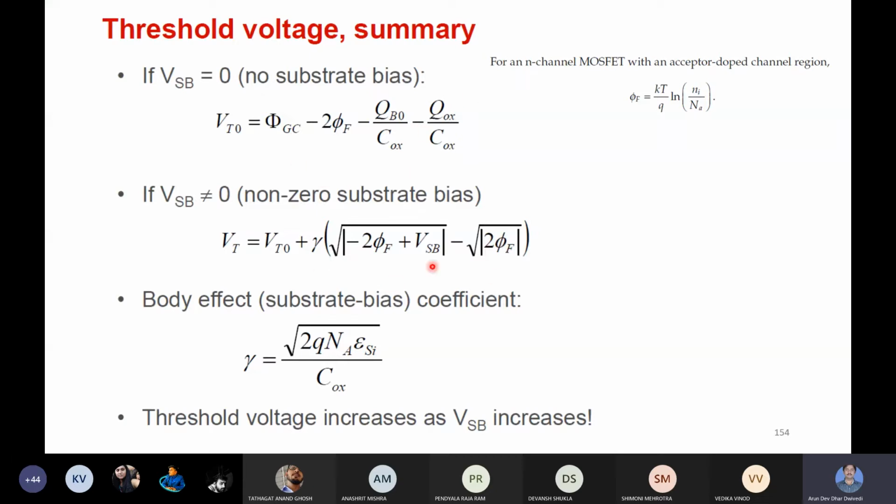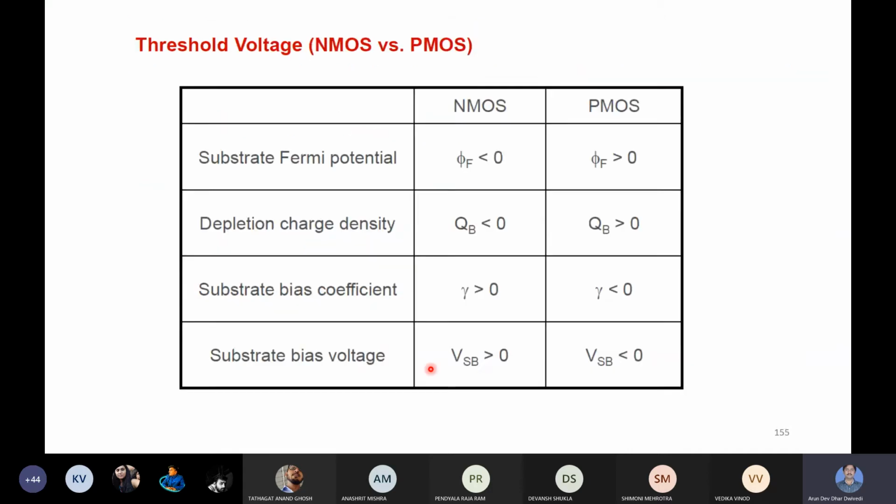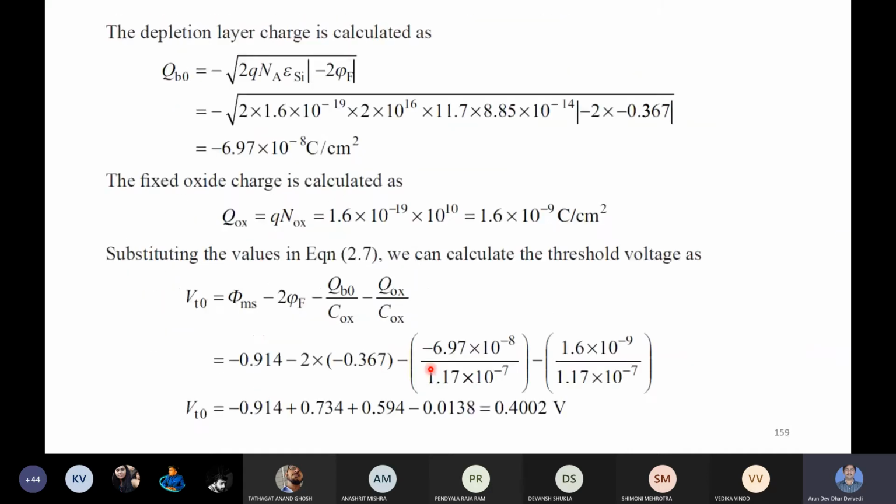This extra term comes if body bias is there, and gamma for the n channel is calculated this way. If it is a P channel, here instead of Na, Nd will be there, the doping concentration of Nd for whatever N type substrate you are taking. Now is it clear, or is there any issue? If there is any issue, you can ask.